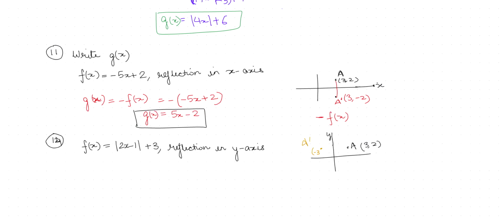This was 3, so this would become -3. And y remains the same. So basically x becomes -x. So g(x) here would be f of minus x. x changes to minus x. We can see the rule, our rules over here.